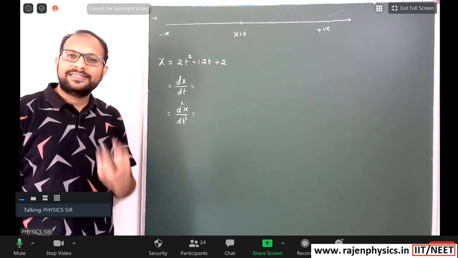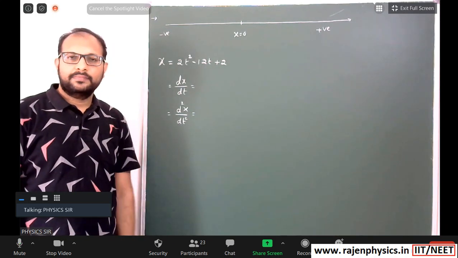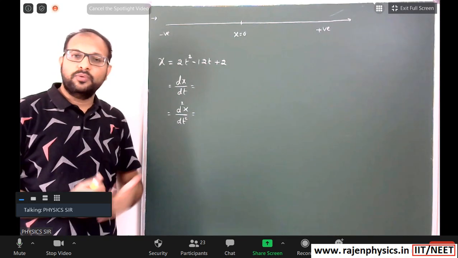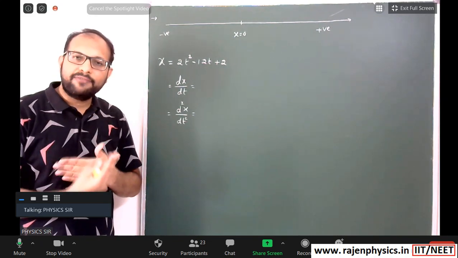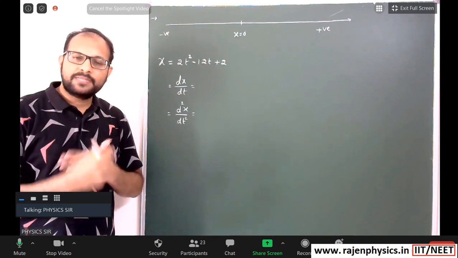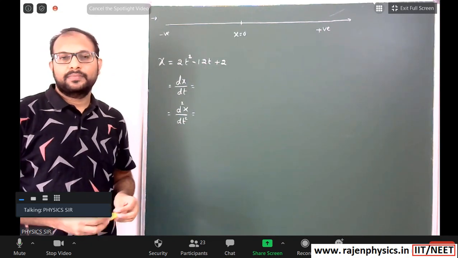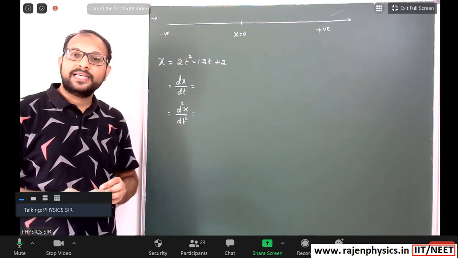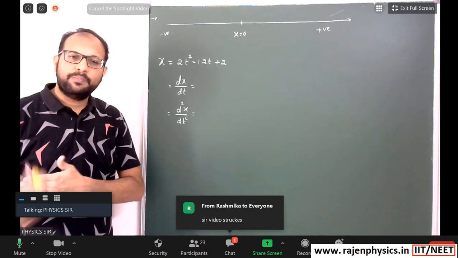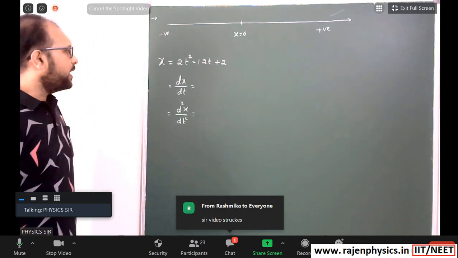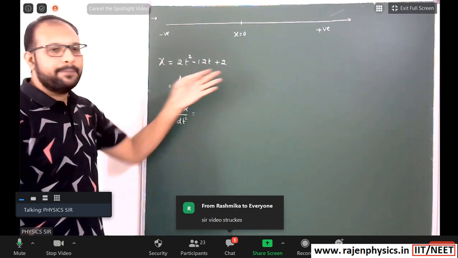Now we need to analyze the complete motion of the particle: which direction it is moving, whether there is any stopping, and in a particular time, what is the distance and what is the displacement. This is the analysis of the problem. For that, I am going to explain how useful differentiation is. So students, here x equal 2t square minus 12t plus 2.